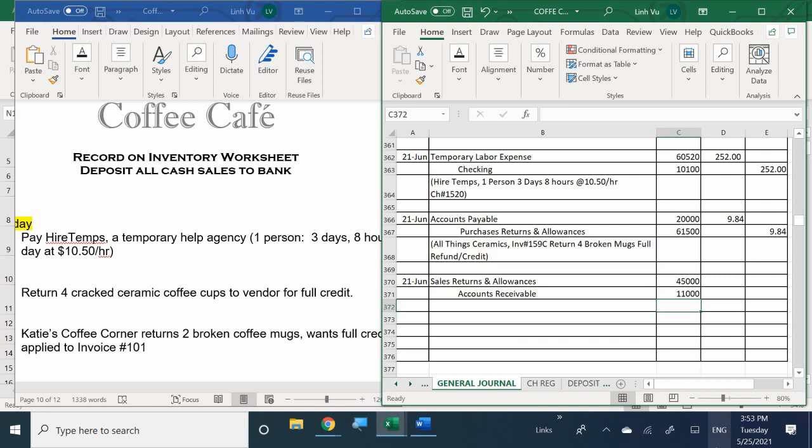Okay. Now, in this case, how much do I know about this particular sale? How much do I know to refund? Go back to her invoice and see what we charged her per mug, and then you multiply the 2 mugs times that amount.